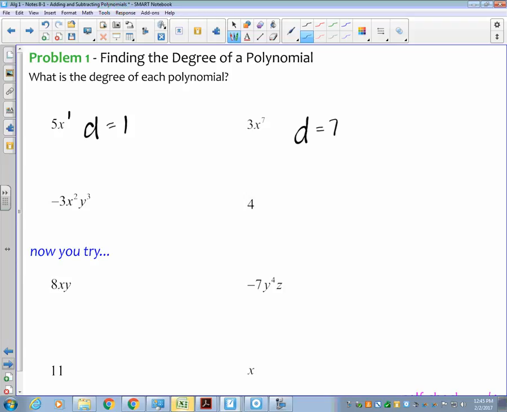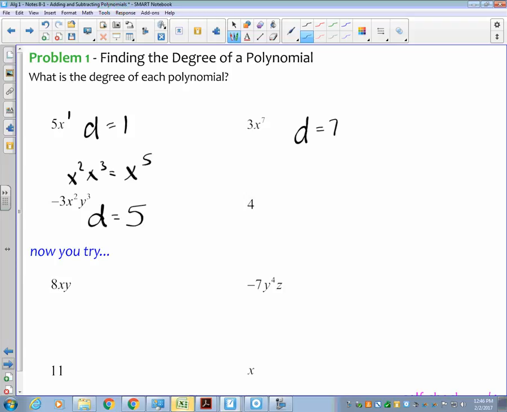This next one is the tricky one. I didn't have this memorized until last year. This actually has a degree of 5. Because it's not just x's or just y's. If this were x squared and x to the third, what would the degree be?